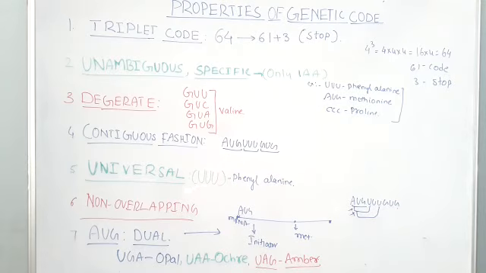Thus, it is universal, with some exceptions, like mitochondrial codons and some protozoans, where this changes. But from bacteria to human, this property is universal. It means the triplet code UUU will code for phenylalanine in bacteria as well as human. The same amino acid is coded by the same triplet code. It is not going to vary.